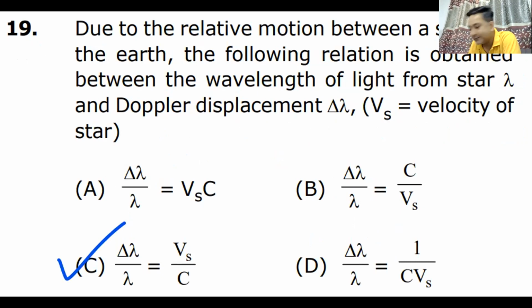Delta lambda by lambda is Vs by c. Vs, velocity of star, will always be in the numerator and the speed of light will always be in the denominator. Therefore, the apparent shift will be very, very small because speed of light is 3 into 10 raised to the power 8 meter per second. Do we understand this? Well, that is the formula for apparent shift.